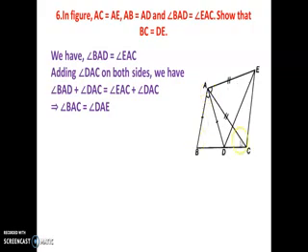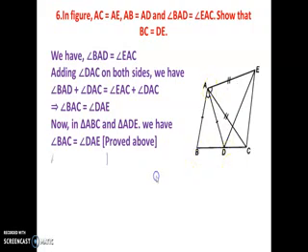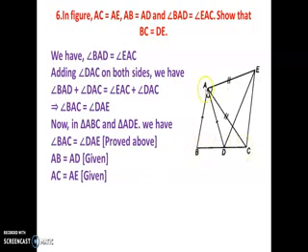Now let us take these two triangles, triangle ABC and triangle ADE. In these two triangles, angle BAC is equal to angle DAE, since we proved this, and AB is equal to AD, it is given. Likewise, AC is equal to AE. Observe here, AB is a side of triangle ABC and AD is a side of triangle ADE.